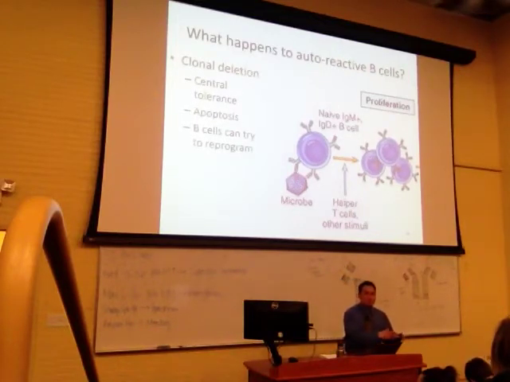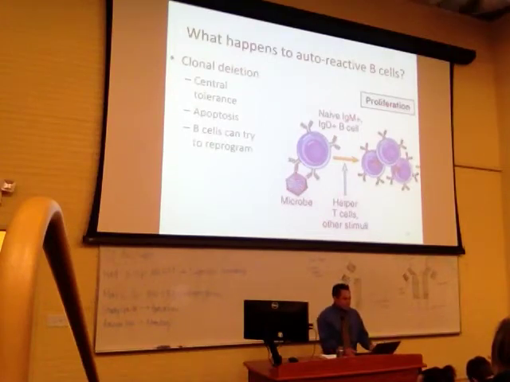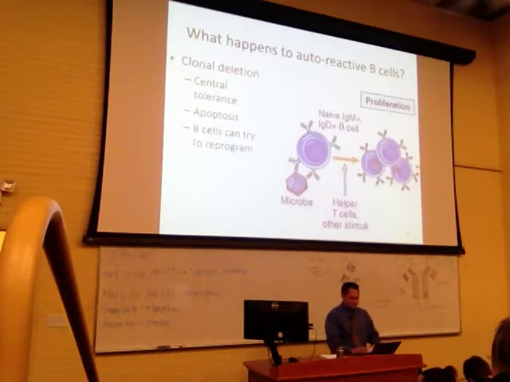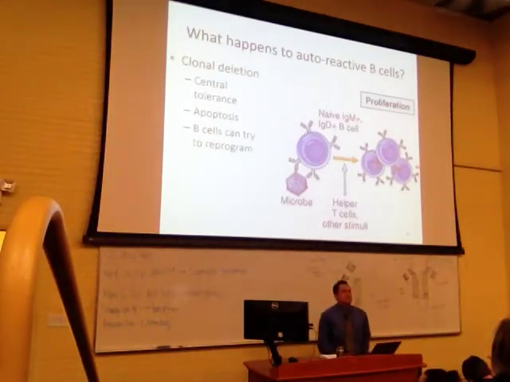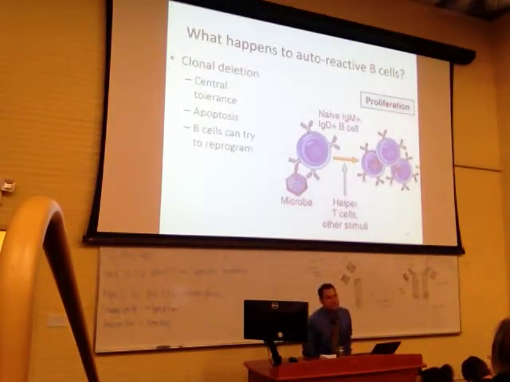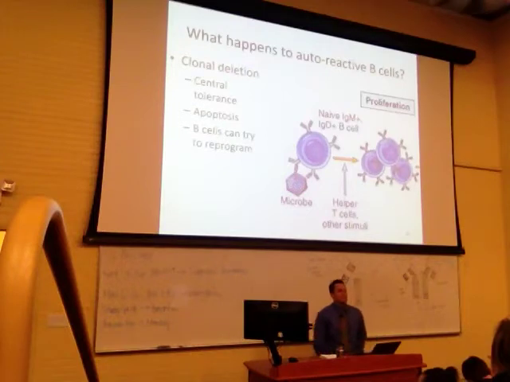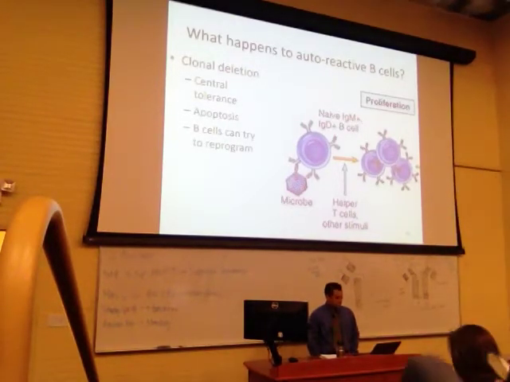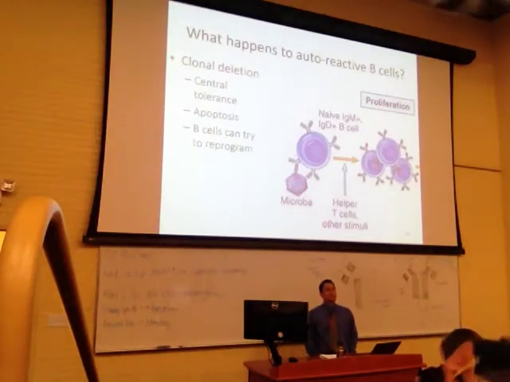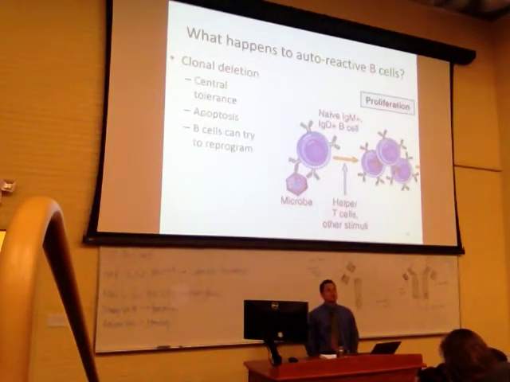And if it's self-reactive, they trigger it for apoptosis and it gets to try again. This happens so frequently that over 95% of the B cells that you create in the bone marrow are triggered for apoptosis. 95% or greater. Does that just blow your mind?